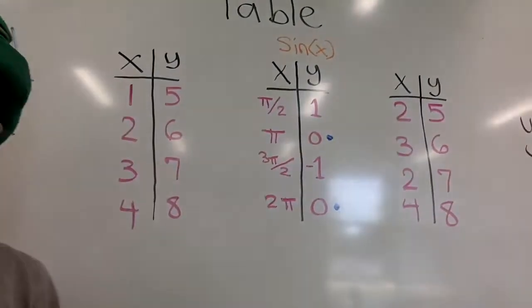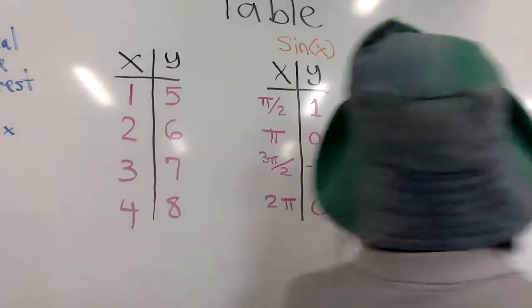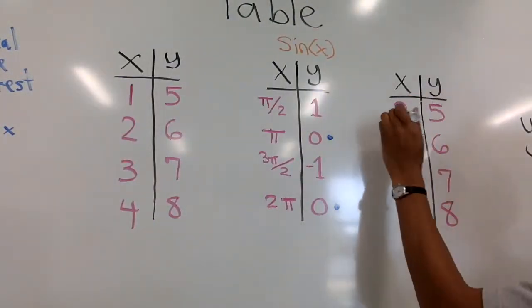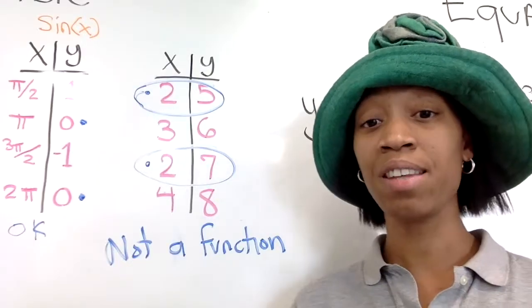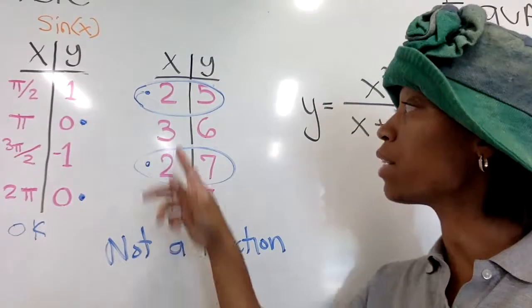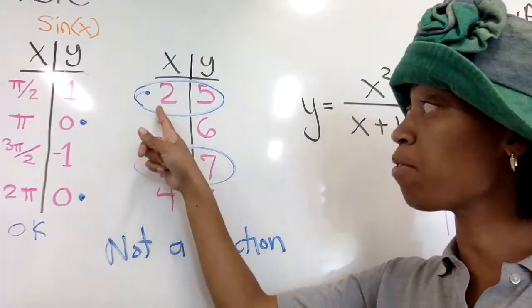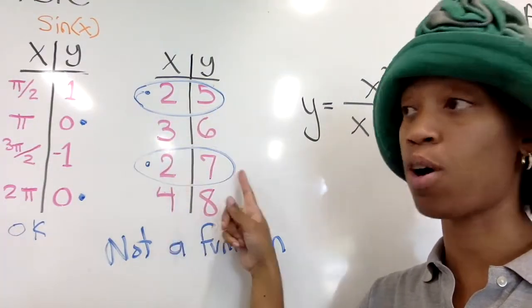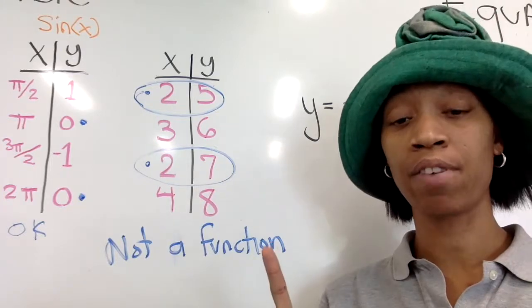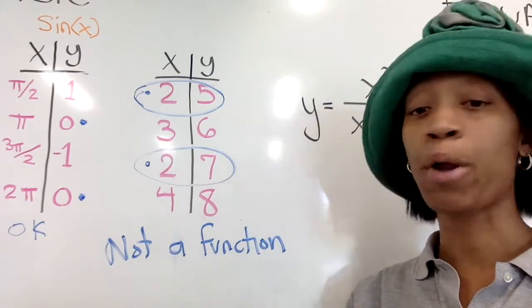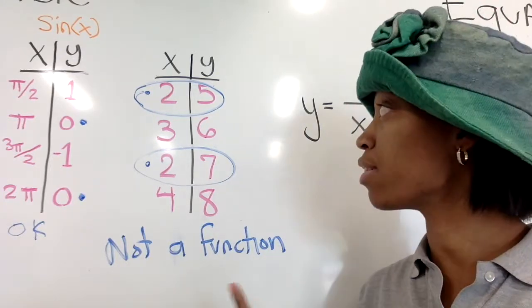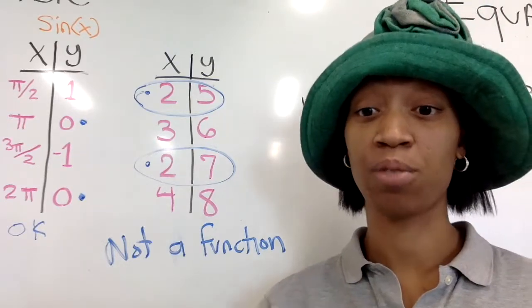So as I look at these, this one is not a function, because the x value of 2 repeats twice, and each time the value of 2 goes to a different y value. That's one x value, 2, going to two different y values, 7 and 5, not a function.